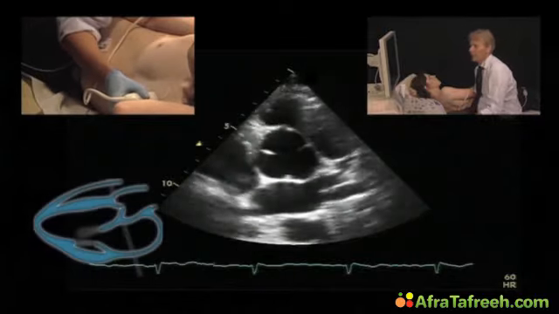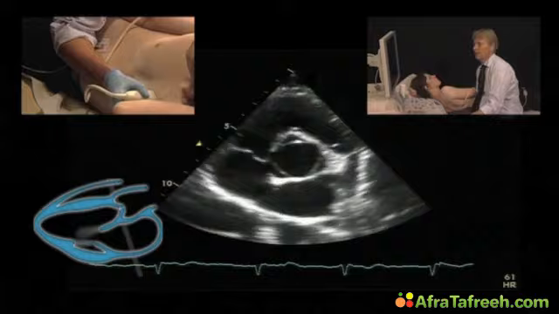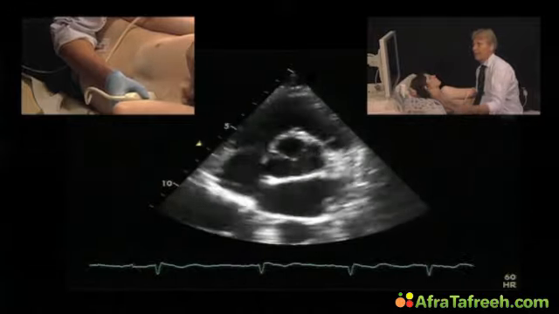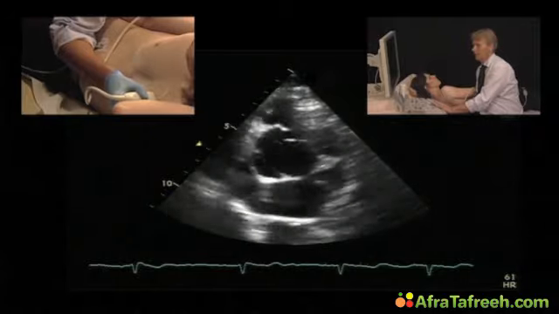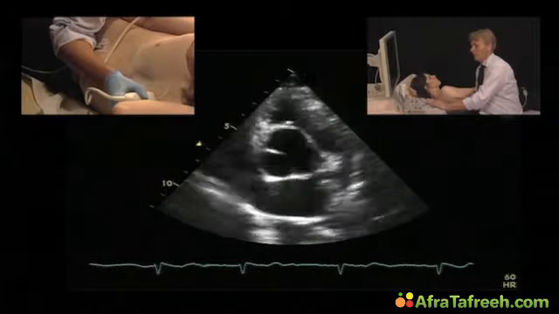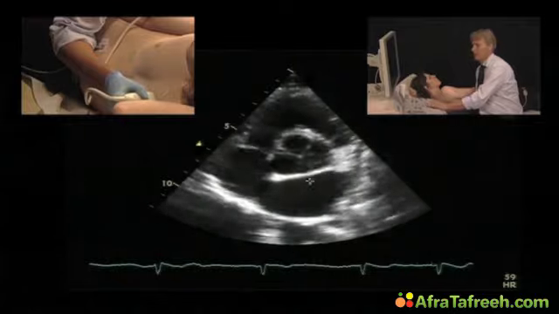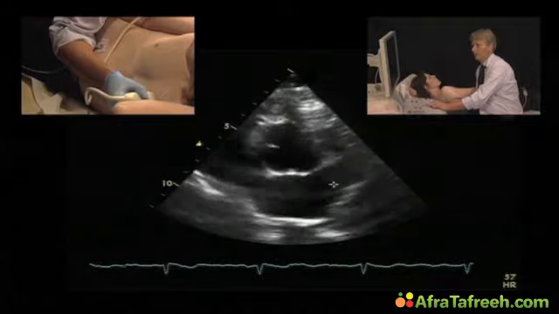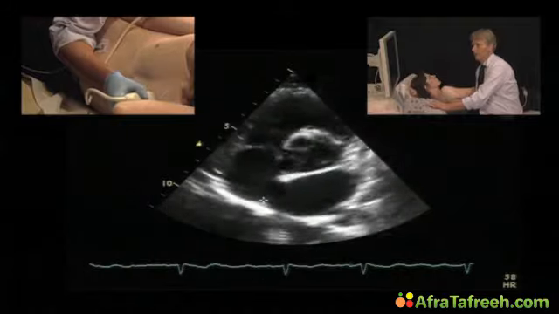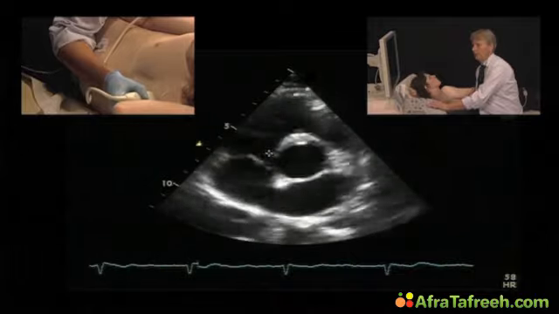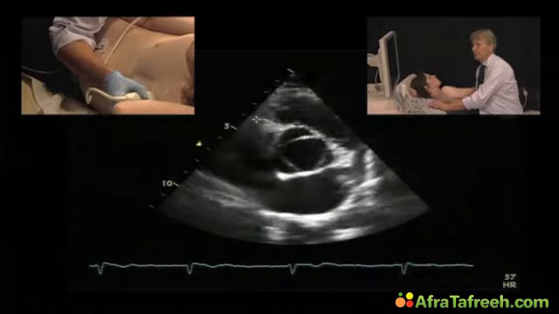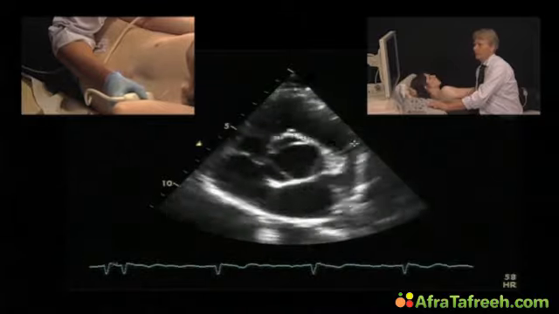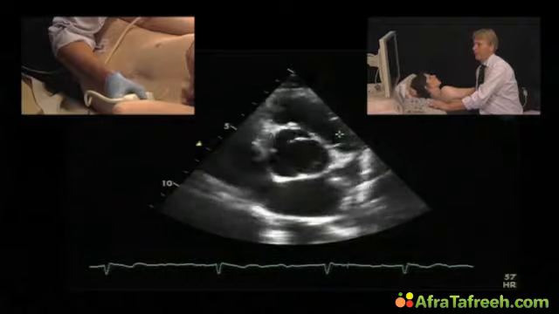We can cut the short axis at different levels. This would be the level of the base of the heart, where we can see the aortic valve. We can see the left atrium, in this case with the left atrial appendage, the interatrial septum, the right atrium, the tricuspid valve, the right ventricle, and the right ventricular outflow tract with the pulmonic valve.